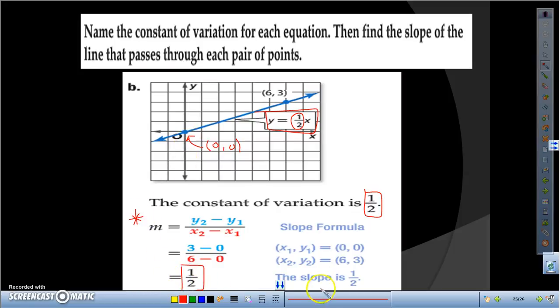and it's found to be 1/2. It's not a coincidence that in both of these graphs, our constant of variation has matched the slope. The slope and the constant of variation are the same thing. So that's another way to refer to this k value.